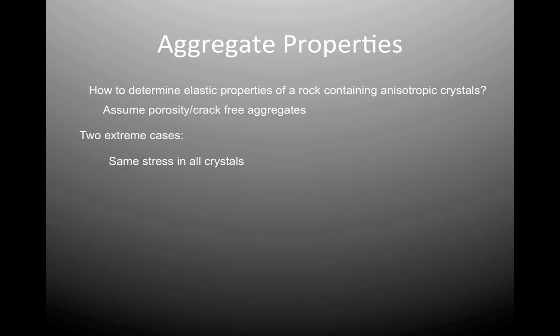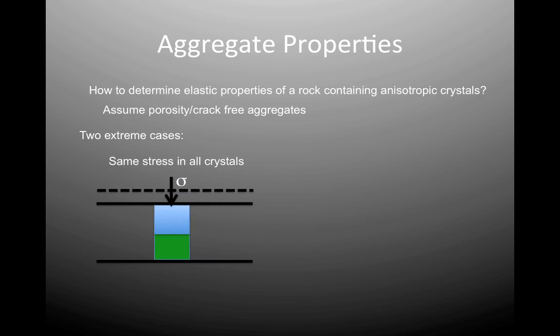Now let's change it to the same stress in all crystals. In this case, imagine those two crystals with different crystallographic orientations aligned in parallel like this. Now when we apply a stress, sigma, which will lead to some strain as shown, the major point here is that both crystal faces are feeling exactly the same stress when they are aligned in parallel like this.